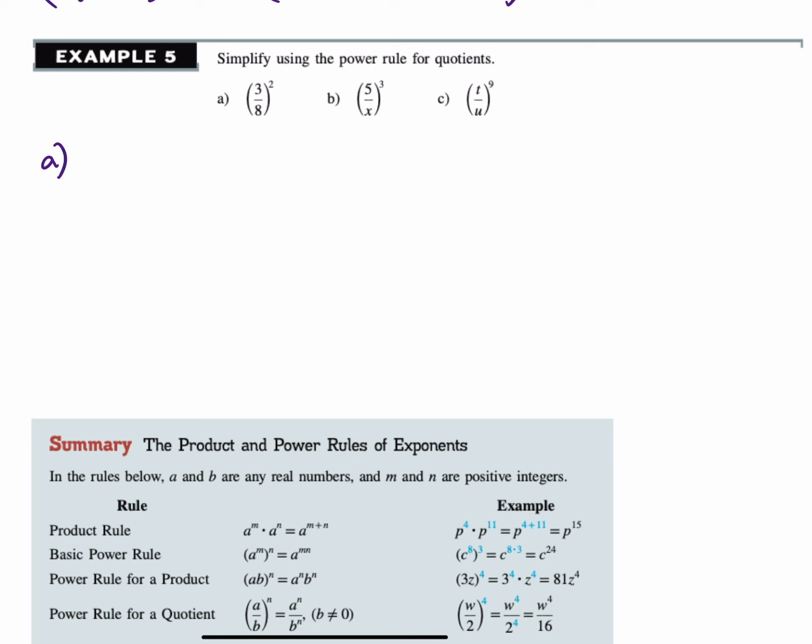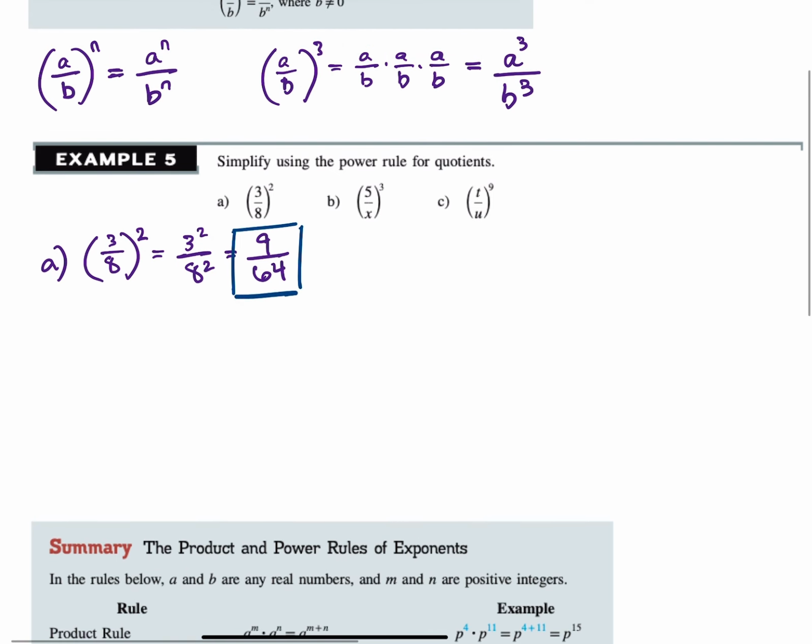So part A, we have 3 over 8 squared. So we can write this as 3 squared over 8 squared, or 9 over 64. Part B, 5 over x cubed. So same rules apply if we have variables.